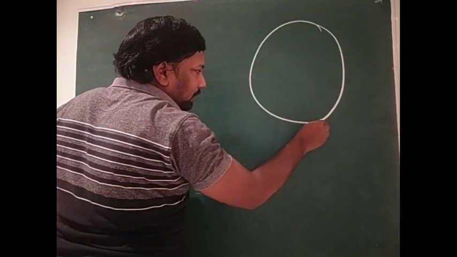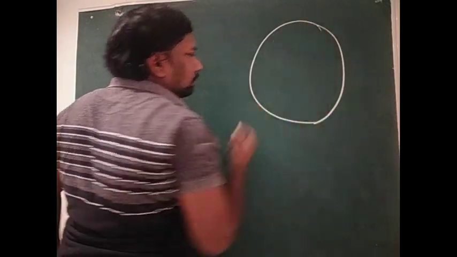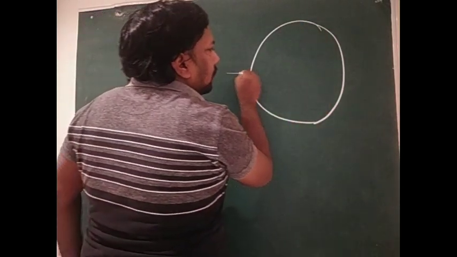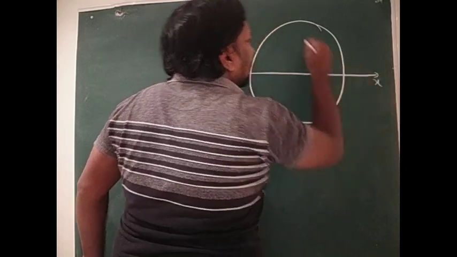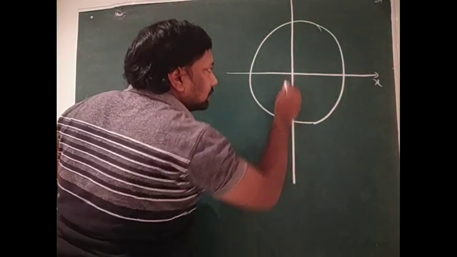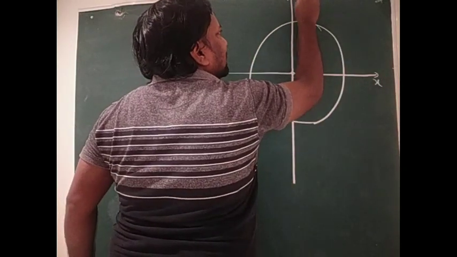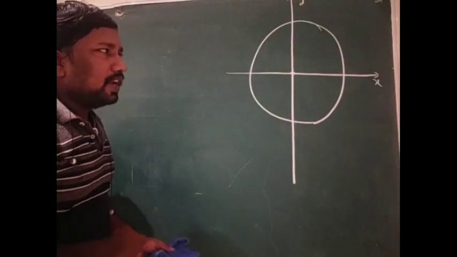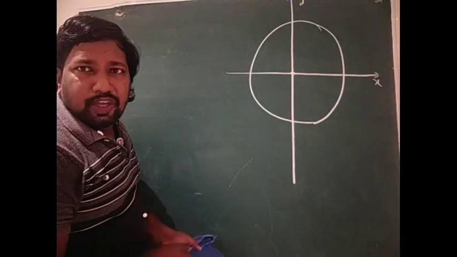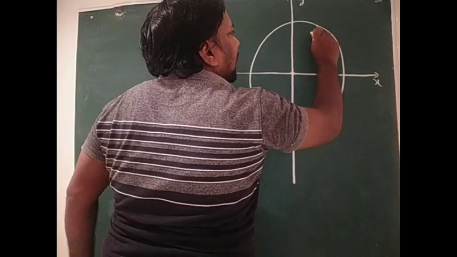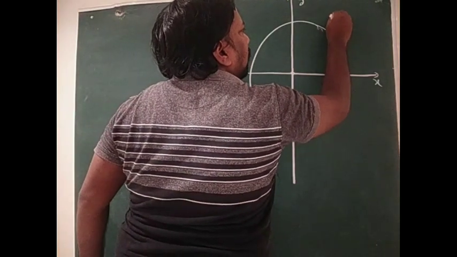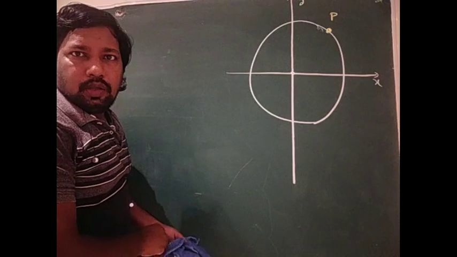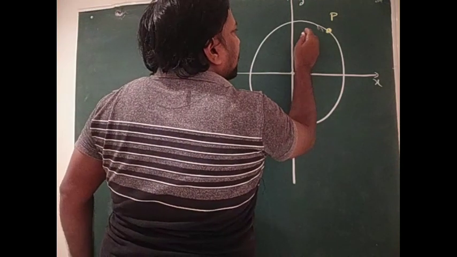When a particle is revolving in uniform circular motion, it has centripetal acceleration. This is the x-axis, this is the y-axis, and this is the point P.